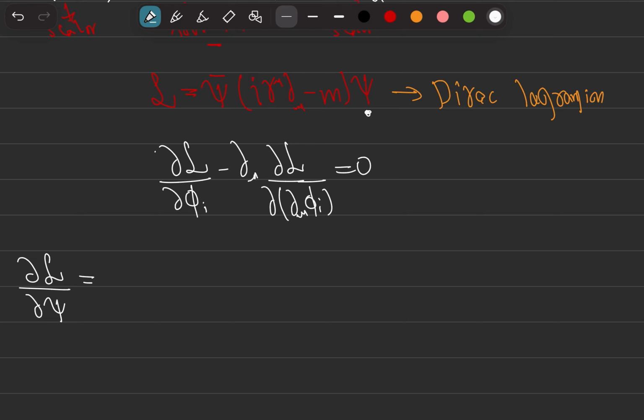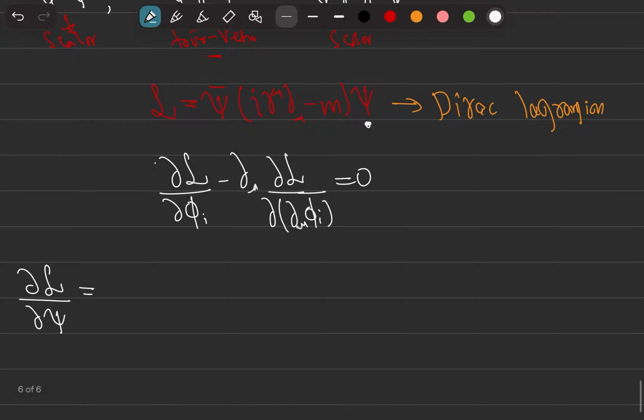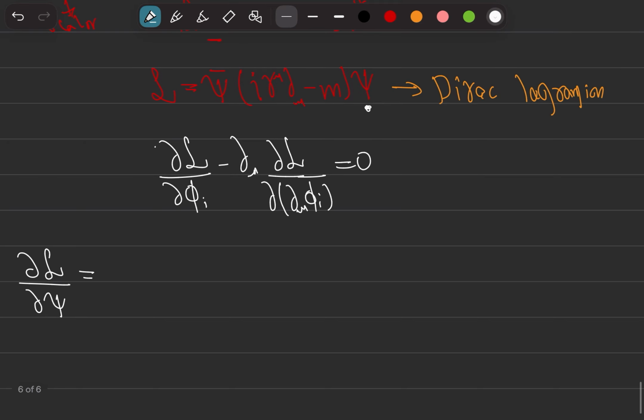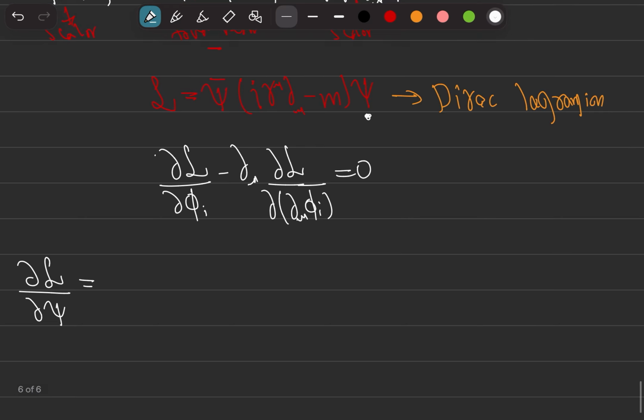Let me just make sure that I'm doing this right. So if I vary this with respect to psi, let me write this down, because I was getting confused here.